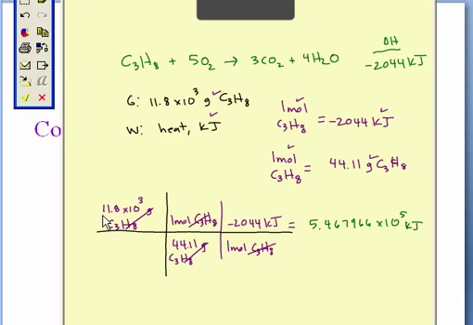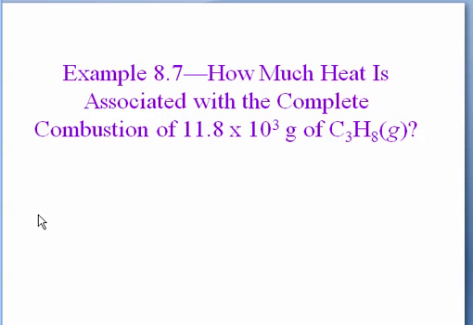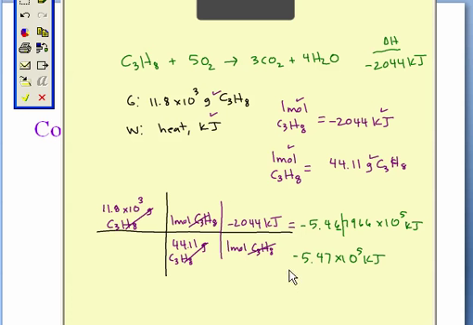I'm given 3 sig figs to begin with. That's my last allowable sig fig, so 5.47 times 10 to the 5th kilojoules. Now I forgot one thing here. It's my negative sign, and that lets me know that this is an exothermic reaction and heat is released. Sometimes the question will say how much heat is released, but this says how much heat is associated. So therefore we definitely want to put our negative sign in there to show that heat is being given off in this reaction.